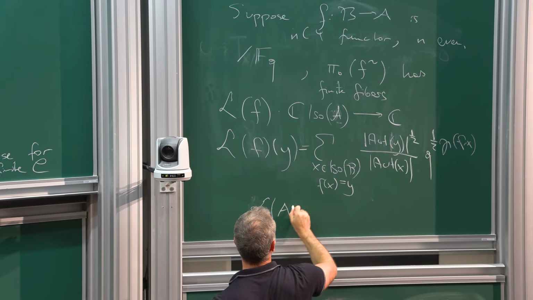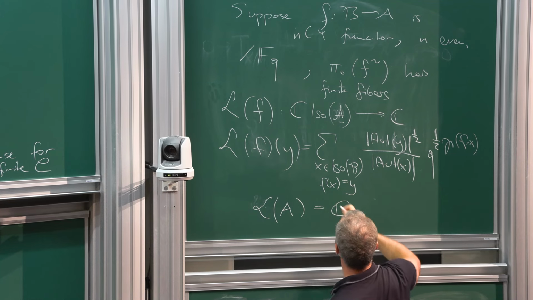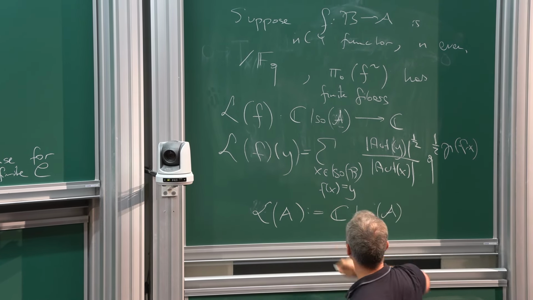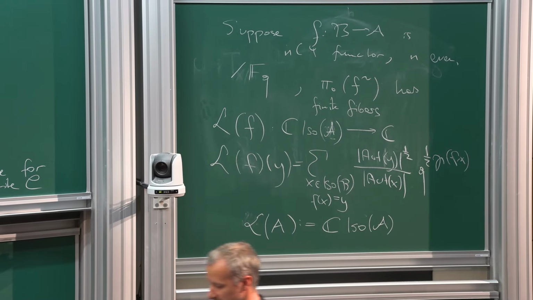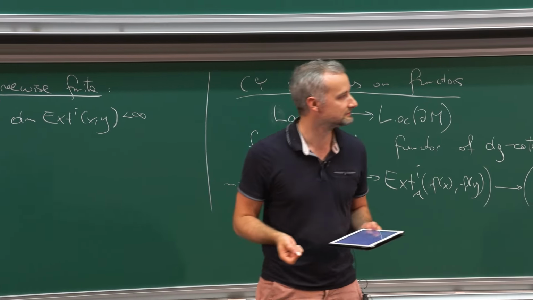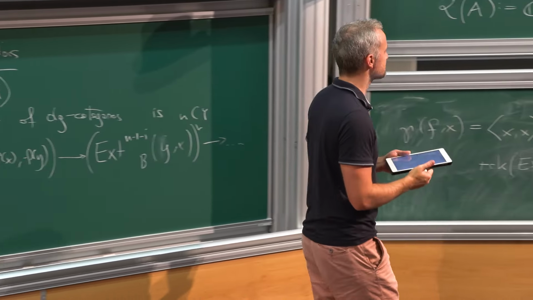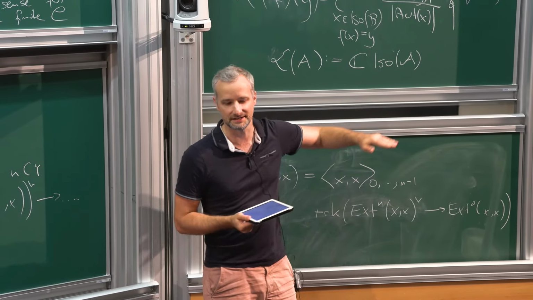L of A will be just a space of complex linear combinations of isomorphism classes on A. Finite, yeah, finitely supported functions. But when you define Hall algebras, you somehow have to decide: do I want to think of these as functions or measures on the set of isomorphism classes?